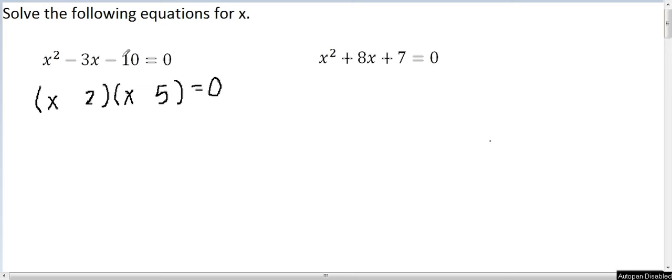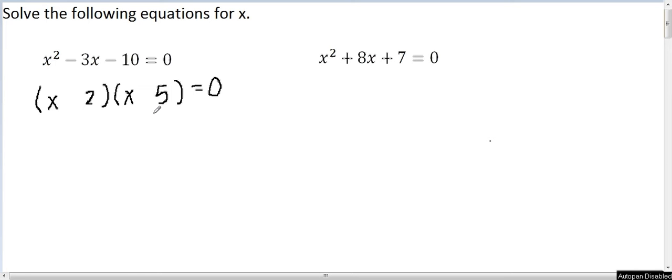And since the sign in front of 10 is a minus sign, we know that the two factors will have opposite signs. So one of them will be plus, one of them will be minus, and so the numbers will move in opposite directions on the number line.